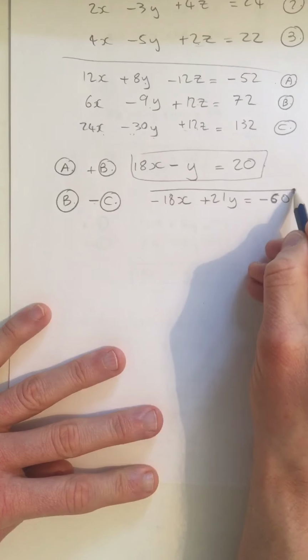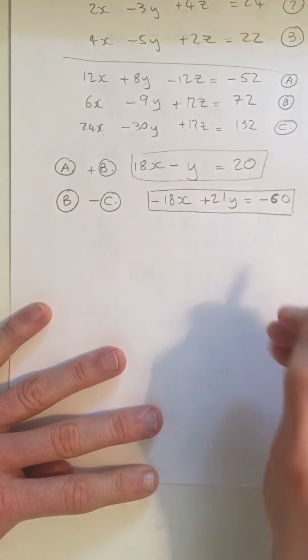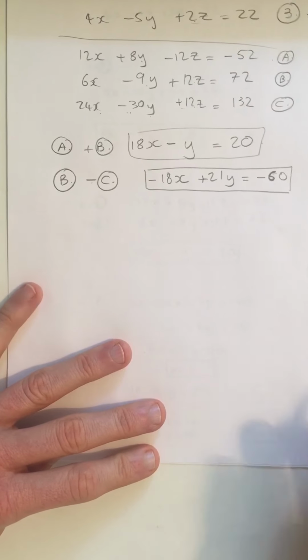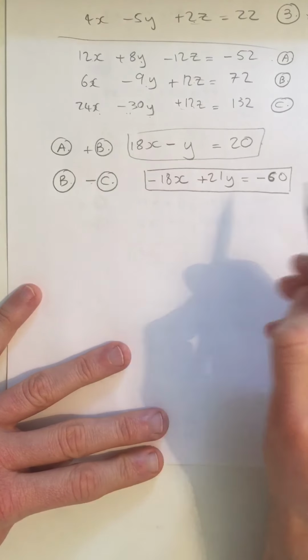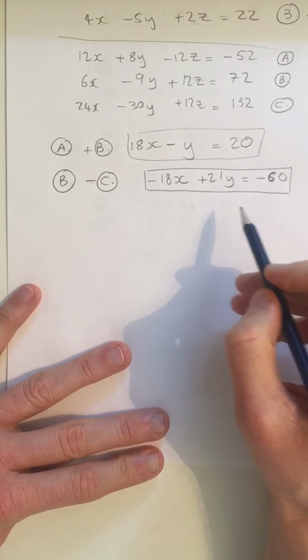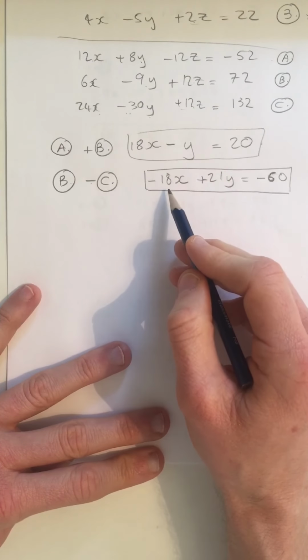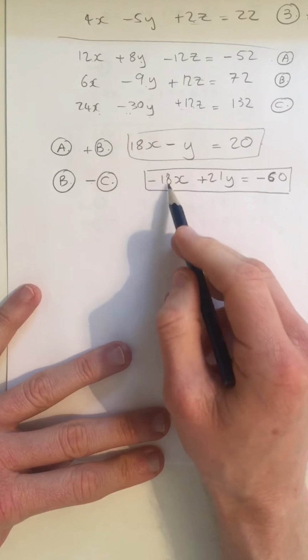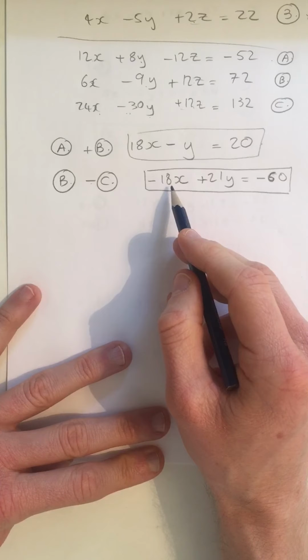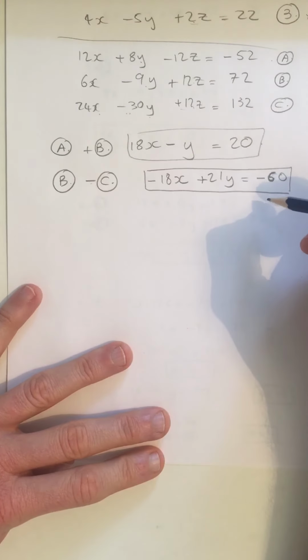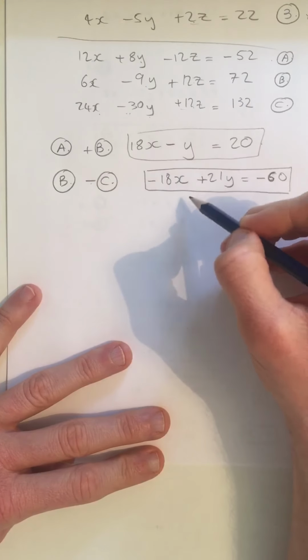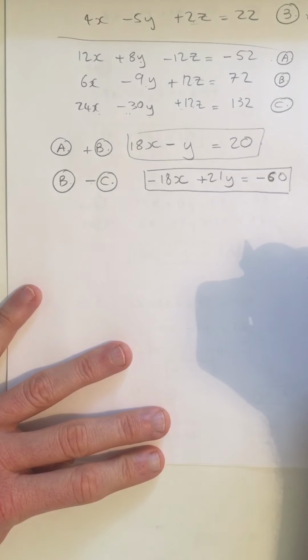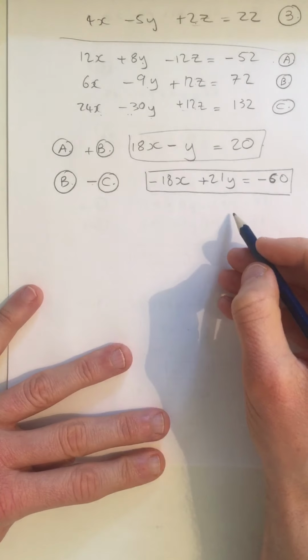Okay, so I've now managed to reduce this down to a regular GCSE question, and I want to eliminate the x's. Thankfully, luckily here, I've actually got to the point where these coefficients match up already, so that's nice and easy. I don't need to change these equations. If these weren't the same, then I'd need to maybe multiply these by some constant to get it so they are the same, but I don't need to do that here.